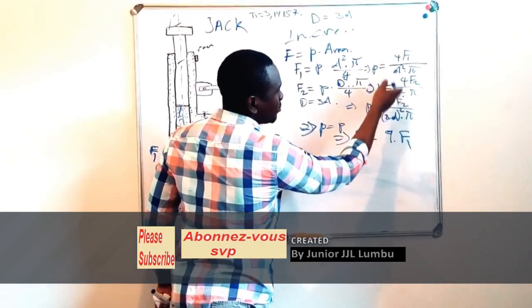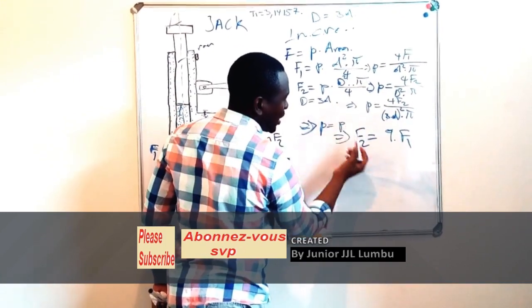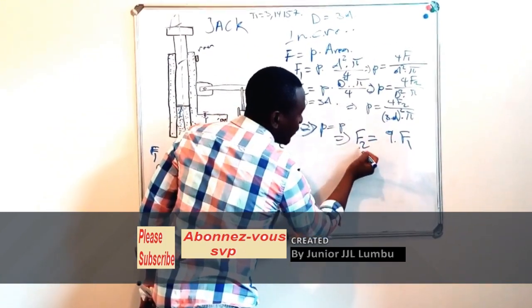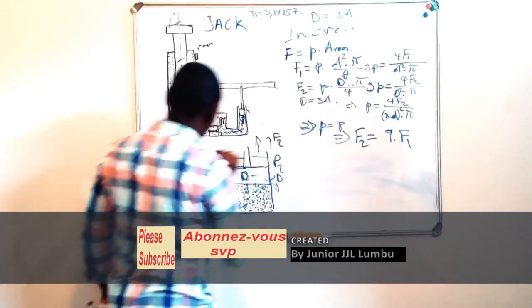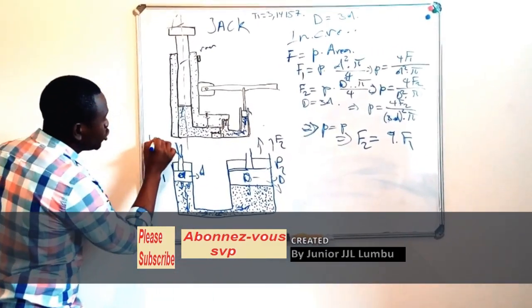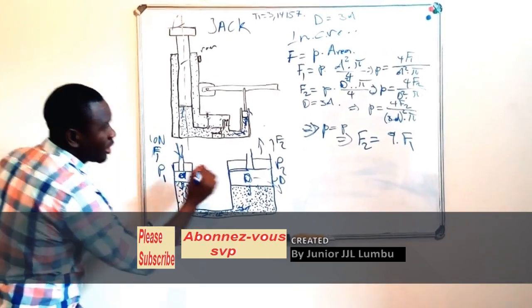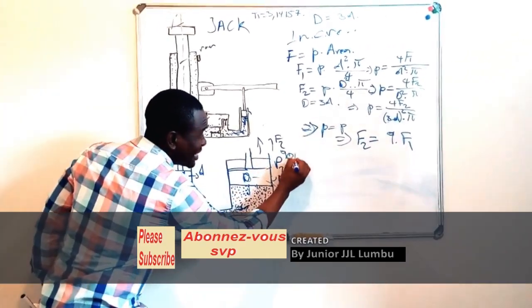If you simplify, you're going to realize it's going to remain with 9. So F2 equals F1 times 9. If you put 10 Newton as your force on that side, you get 90 Newton.